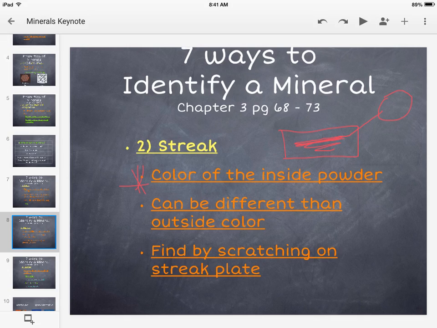What's kind of interesting is that not all minerals have the same color outside as they do the powder on the inside. So for example, fool's gold has a gold color, but then when you scratch it on the plate, the streak is black. So that's an interesting characteristic of some minerals.